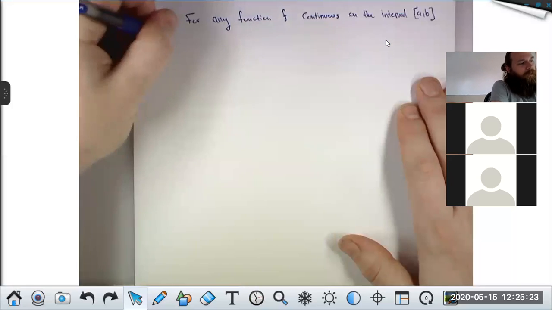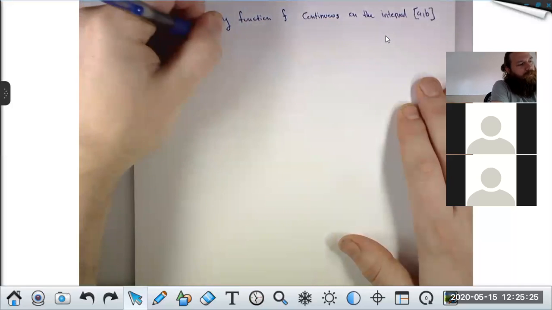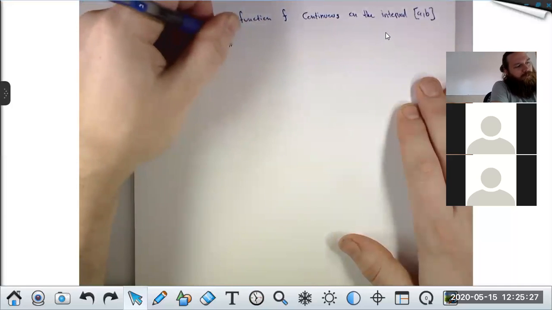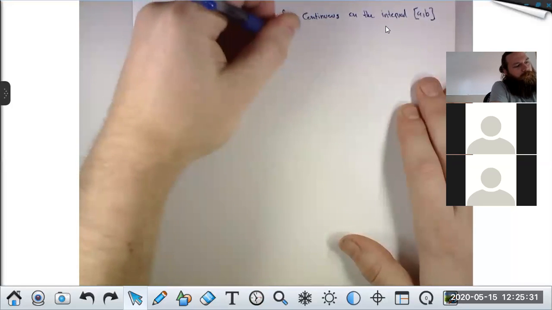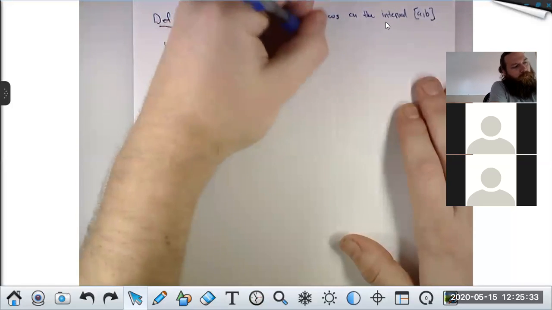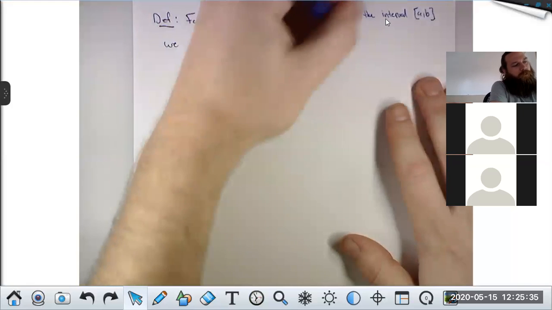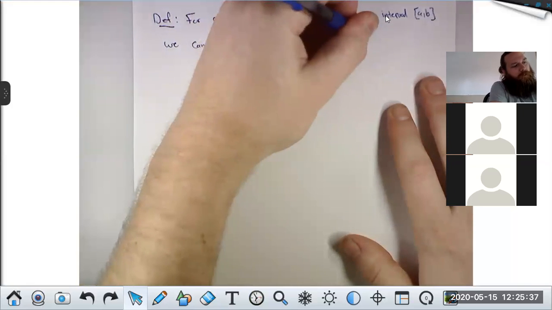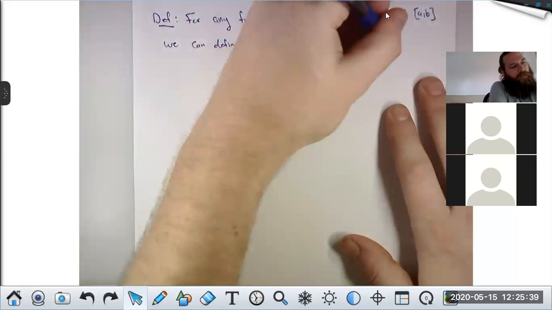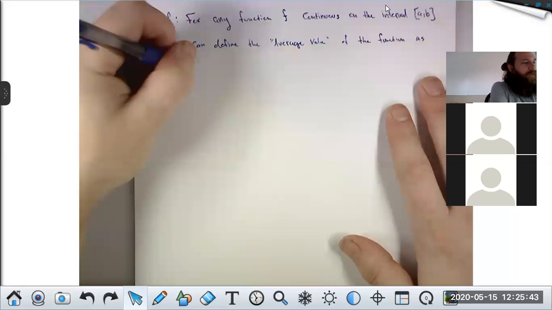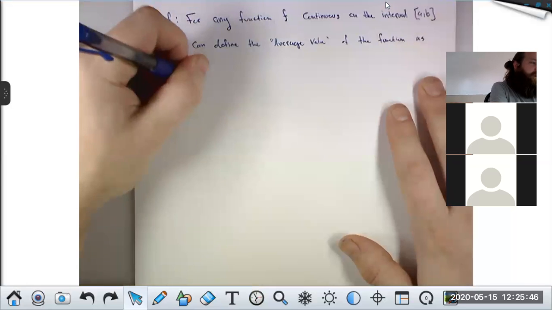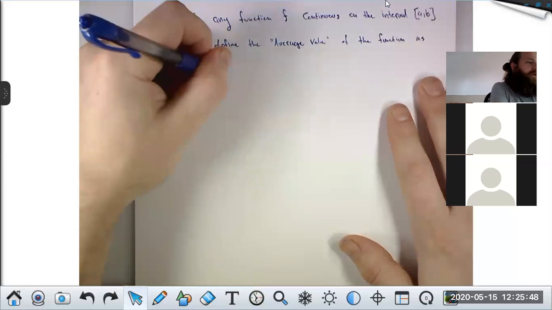We can define the average value of the function as, we use that same notation f_av, and it's a constant, right?